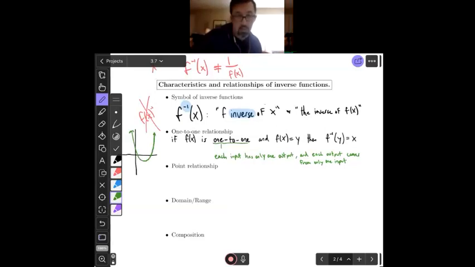If we imagine graphing a quadratic, and you run a horizontal line through it, just like the vertical line test, if the horizontal line hits it twice, then that function will not have an inverse. So if the function is not one-to-one, it won't have an inverse. We could not find the inverse of that function right there.